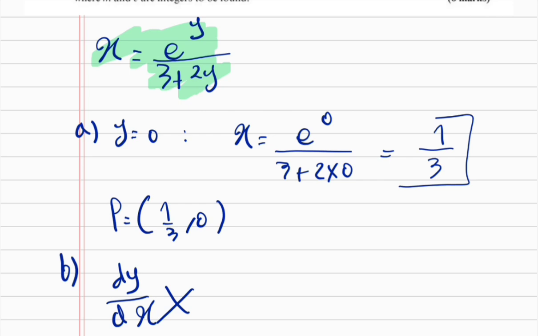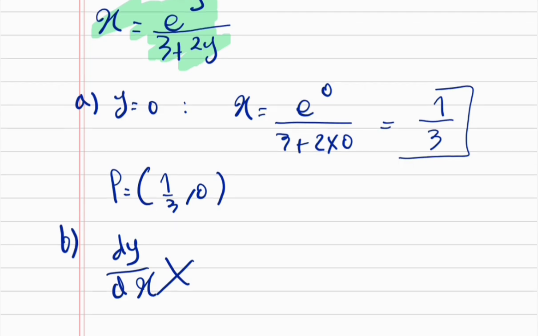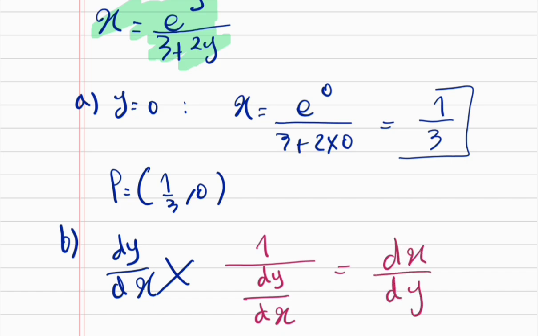What you need to remember in questions like this is that we have a nice relationship which says 1 over dy dx is equal to dx dy. This is a very important relationship.